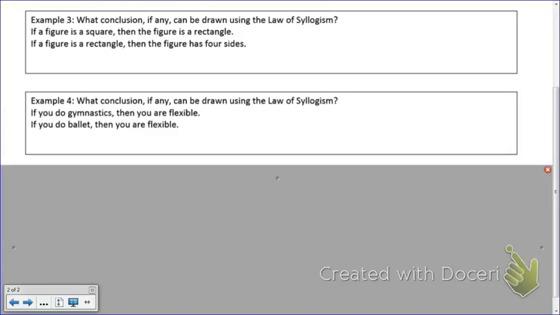In example 3, it wants me to use the law of syllogism to draw a conclusion if possible. My two statements are, if a figure is a square, then the figure is a rectangle. My second statement, if a figure is a rectangle, then the figure has four sides. I'm going to underline the matching parts, and that would be the fact that the figure is a rectangle.